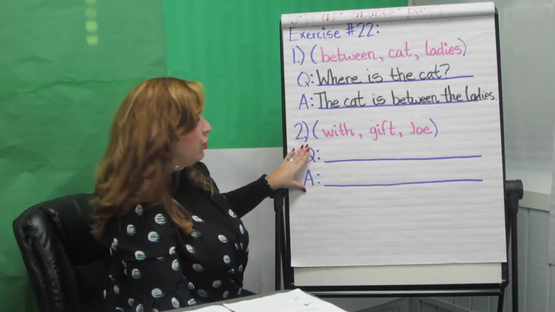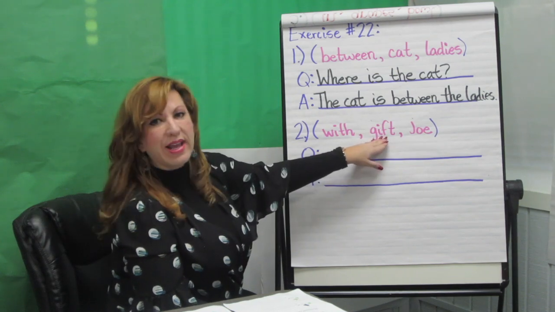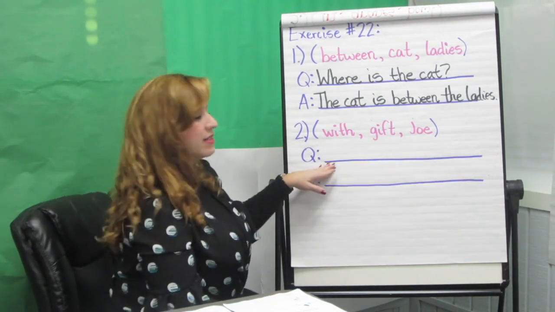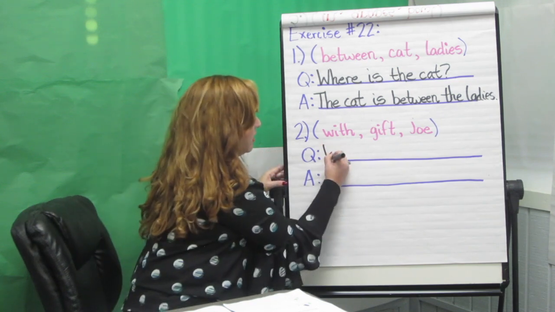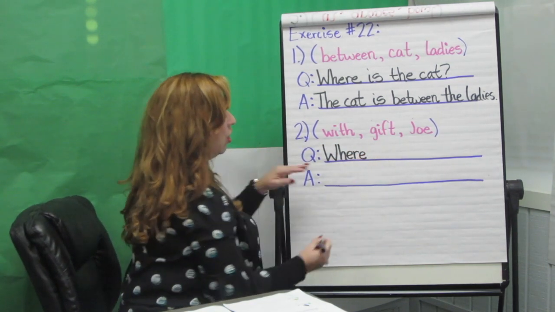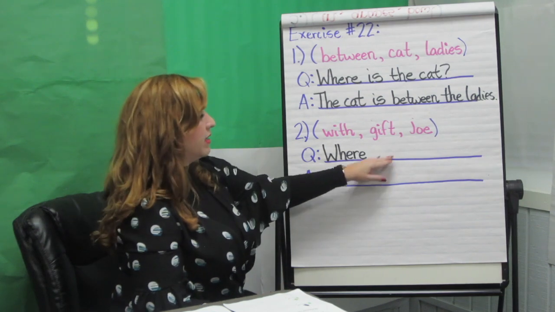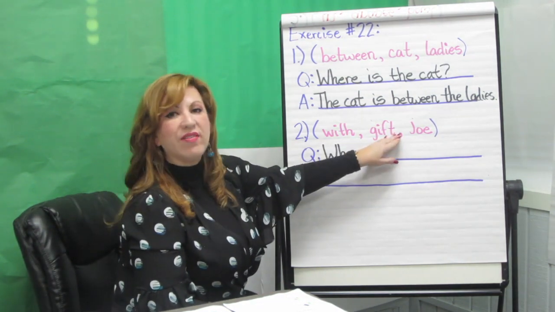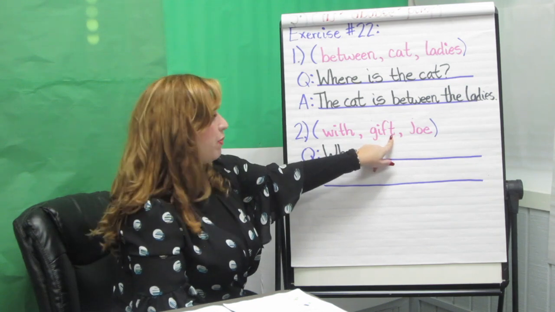So in number 2, we're looking for a gift. It's going to be where is the gift, because we're asking for the location of our noun. Where is, gift is singular, otherwise it would be gifts. We would add an S if you remember from past learning.